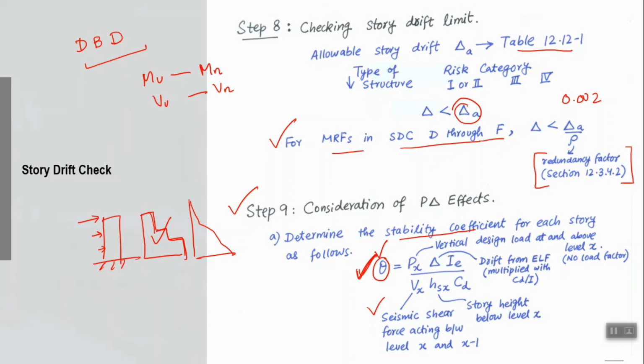Yes, you are right that in high-rise buildings we should always go for this particular check, and in most cases for high-rise buildings we should include the P delta effect, right? The P delta effect is a shortcut of a more detailed analysis procedure called large displacement analysis.